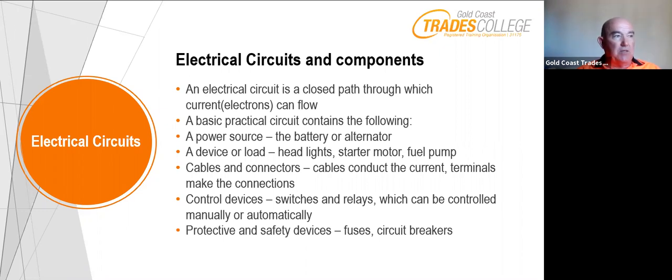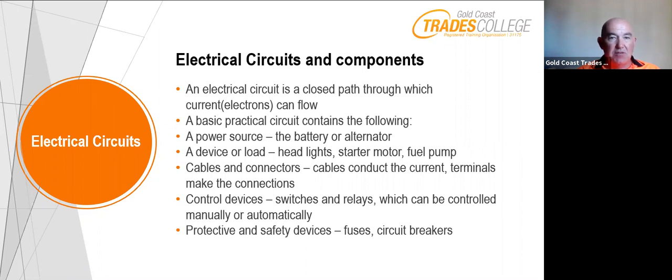The basic practical circuit contains the following: a power source, battery or an alternator, device or load. That could be headlights, starter motor, fuel pump. Cables and connectors. Cables conduct the current. Terminals make the connections. Control devices: switches and relays, which can be controlled manually or automatically.